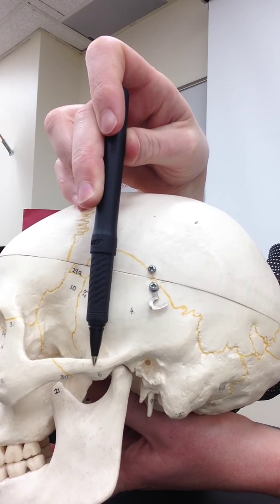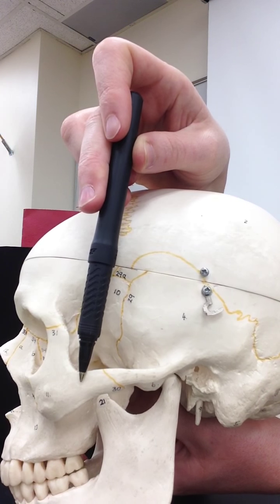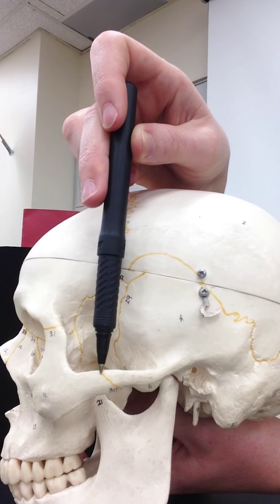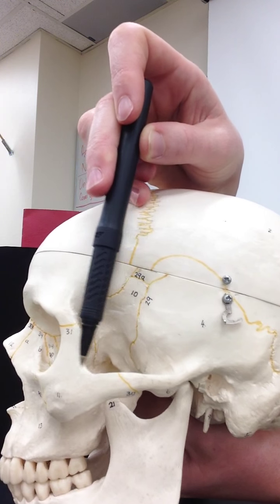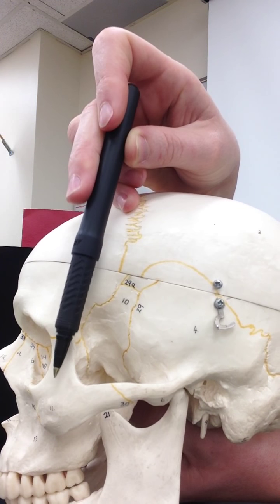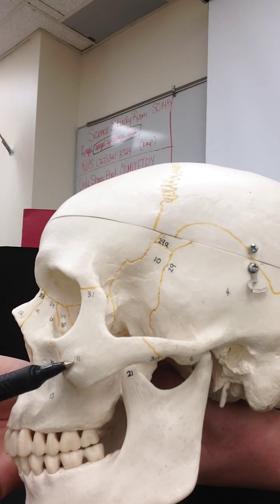The zygomatic process of the temporal bone will fuse here, so you can see that suture line there. It fuses with the temporal process of the zygomatic bone. Okay, so here's your zygomatic bone, which makes up your cheekbone.